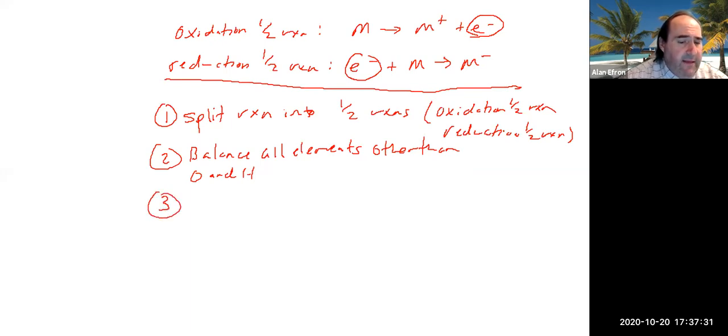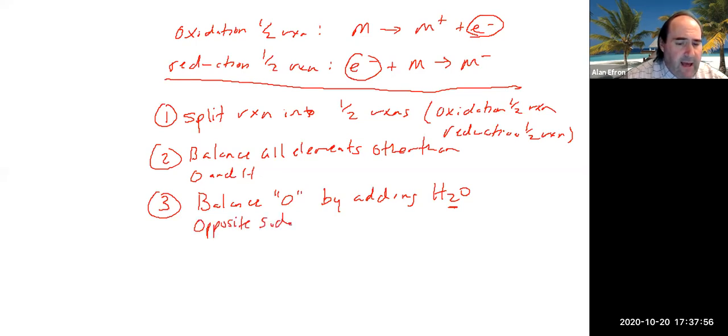And once you've done that, then you want to balance oxygen. And we balance oxygen by adding water. We add H2O to whichever side needs the oxygen. Now, when we do add H2O, we're not only adding oxygen, but we are adding 2 hydrogens. So to the opposite side that you add the water, you will add 2 H pluses for every water that's added.